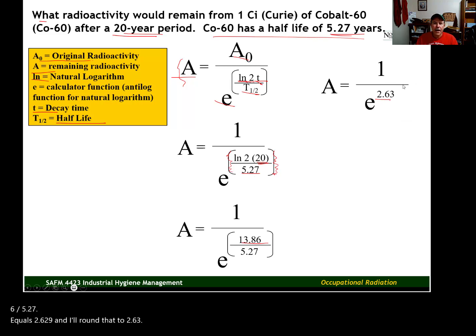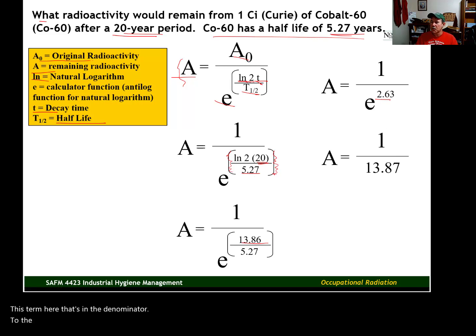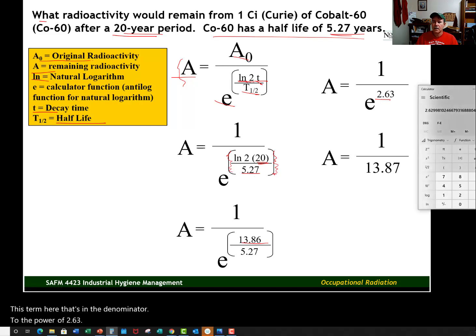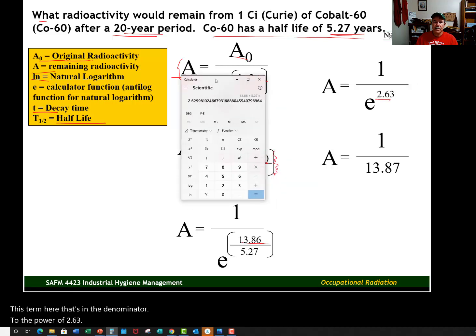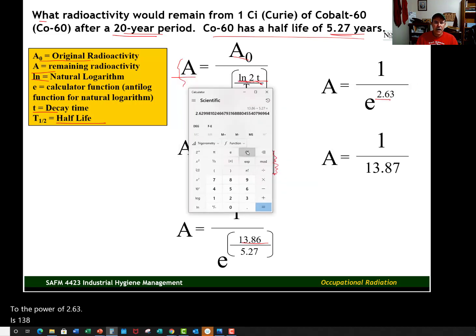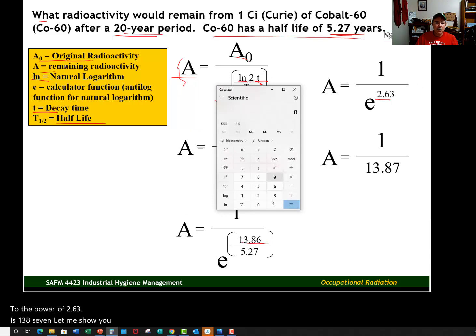So now we have 1 divided by this term here that's in the denominator, E to the power of 2.63, which is 13.87. Let me show you how I got that with the calculator.